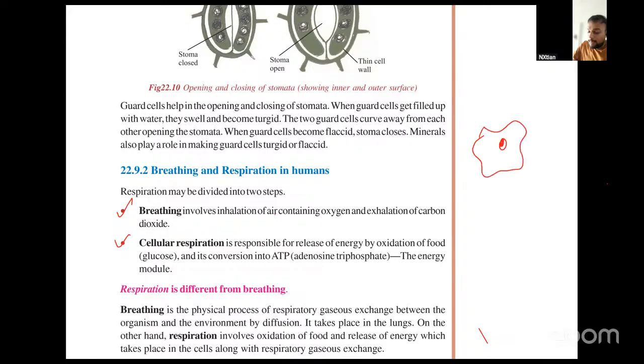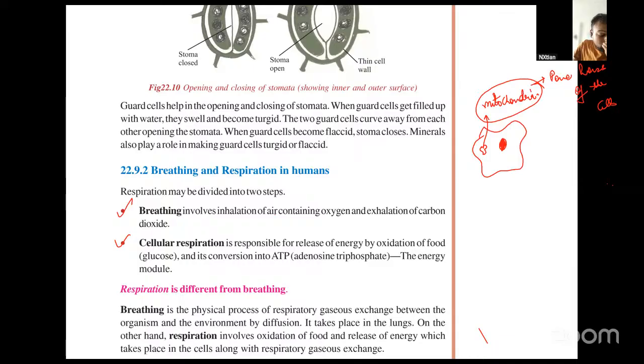So for example, this is a cell, and in the cytoplasm there is a cell organelle called mitochondria, which is also called the powerhouse of the cell. What is called the powerhouse of the cell?